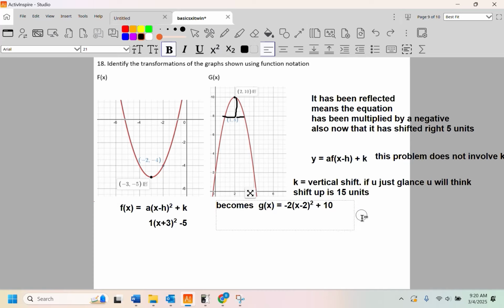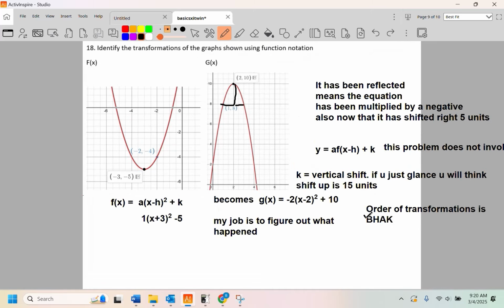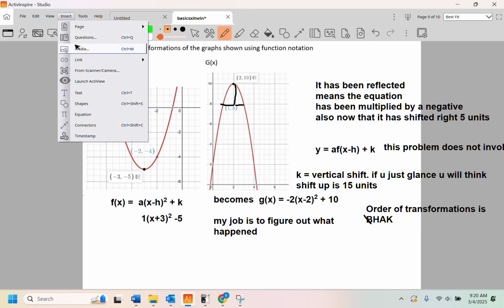So my job is to figure out what happened. Okay, so some of you guys may remember this and some of you may not. The order of transformations is BHAK. B is a no-go in an Algebra 2 class, barely a go in pre-calc, because B makes things way harder. So we're going to focus on HAK. All right, so let's just lay this out.